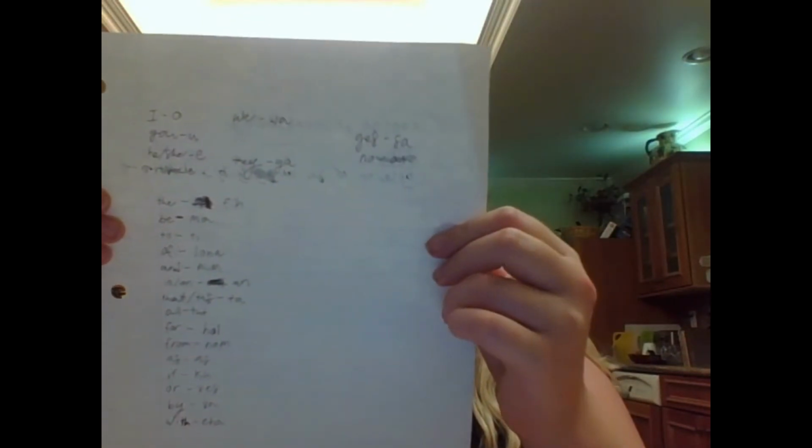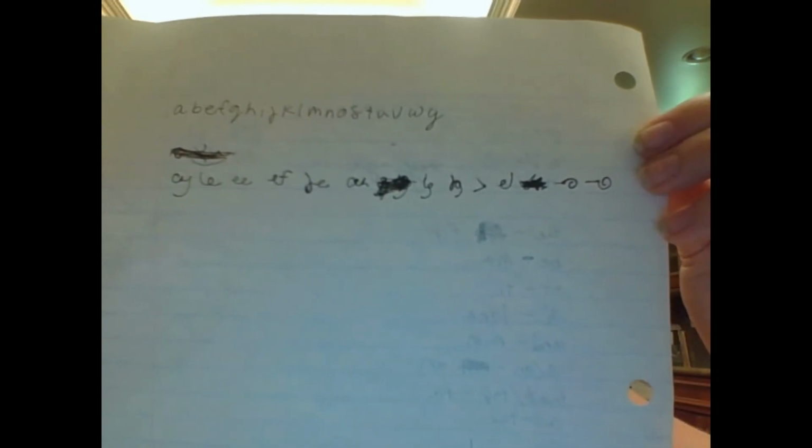I forgot I did this, but if you look on the back of this piece of paper, you can see my failed attempt at creating a new writing system on this line.